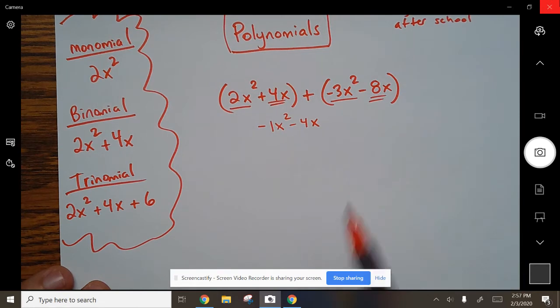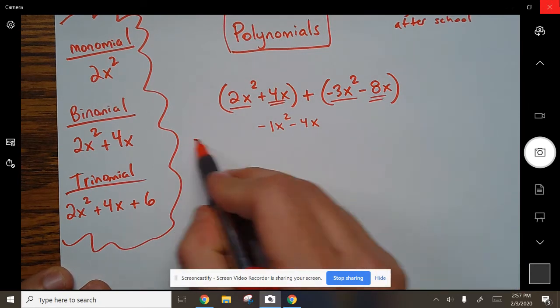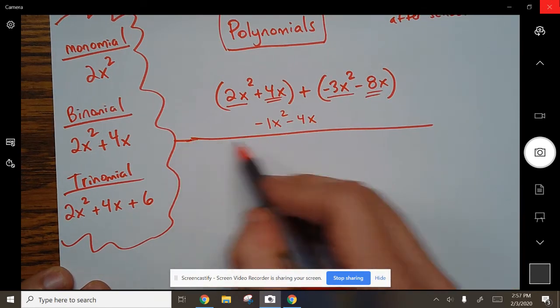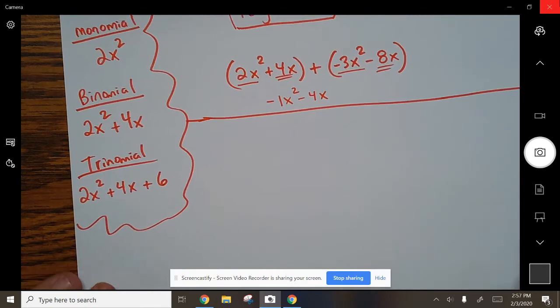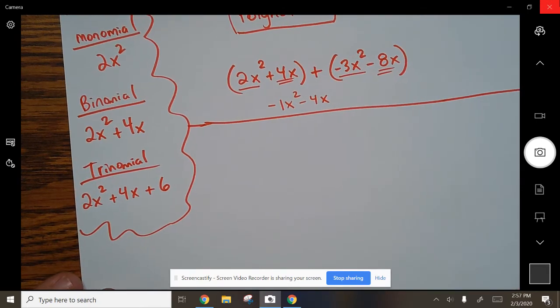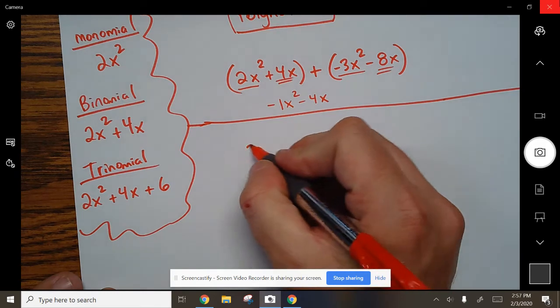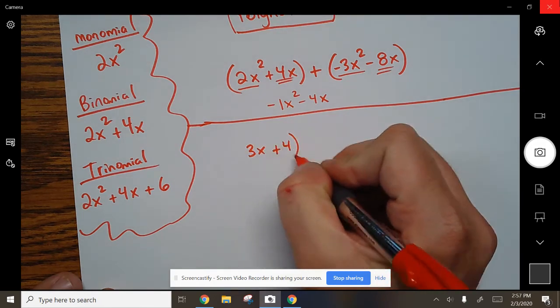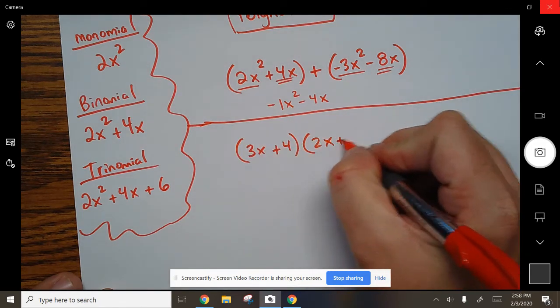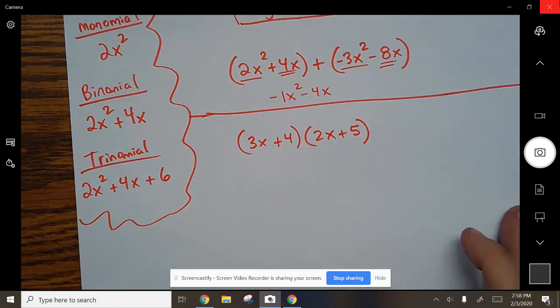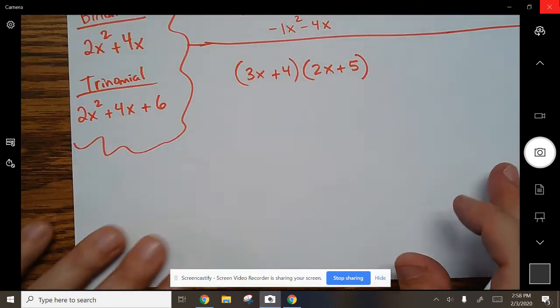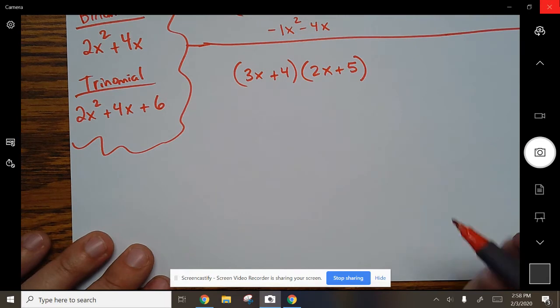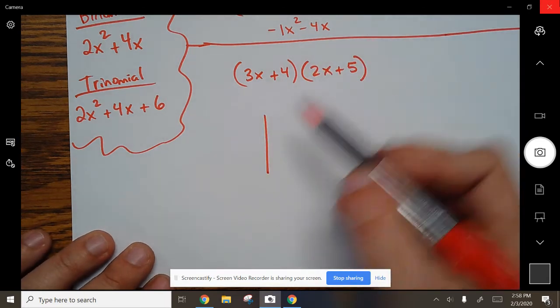So let's talk about multiplying. This is the important one today. Make sure you get this in your head because you're going to be doing this a lot in the next part of the unit. So 3x plus 4 times 2x plus 5. If we're multiplying these, remember in your science class, a Punnett square.